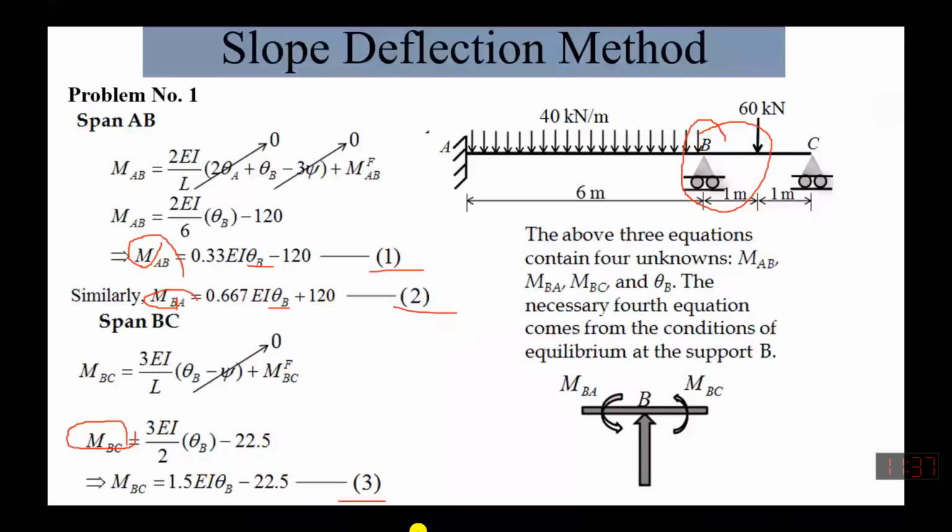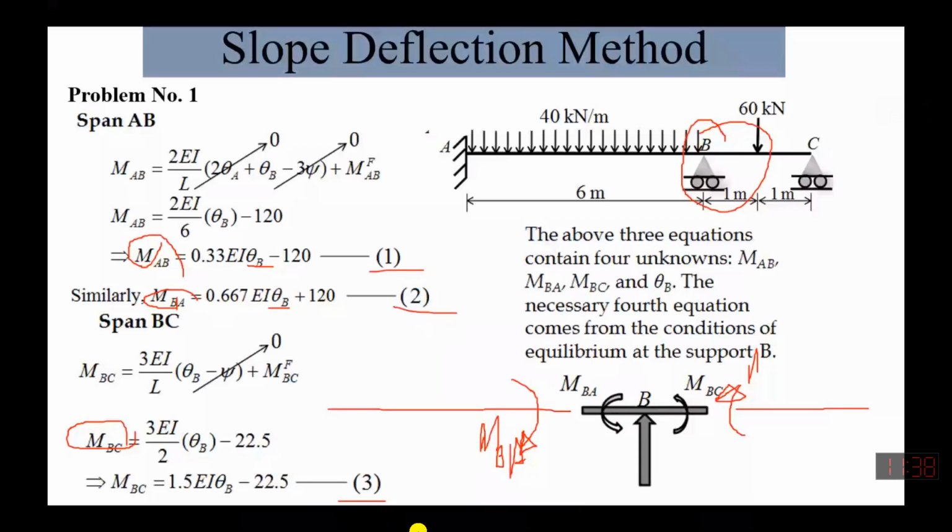If we apply equilibrium at joint B, the moment over here was MBA from the span, and there is a moment at this point, that was MBC. Their opposite moments will be transferred to the joint.